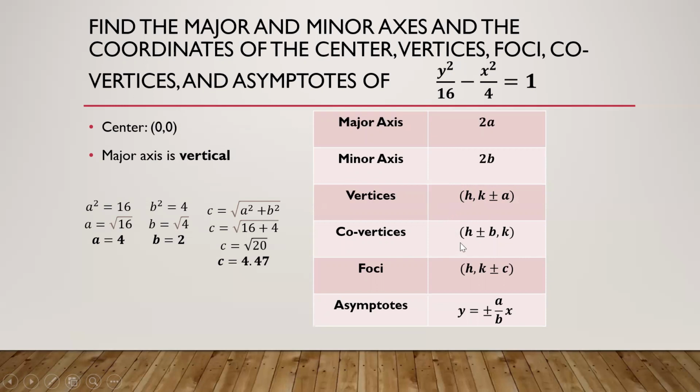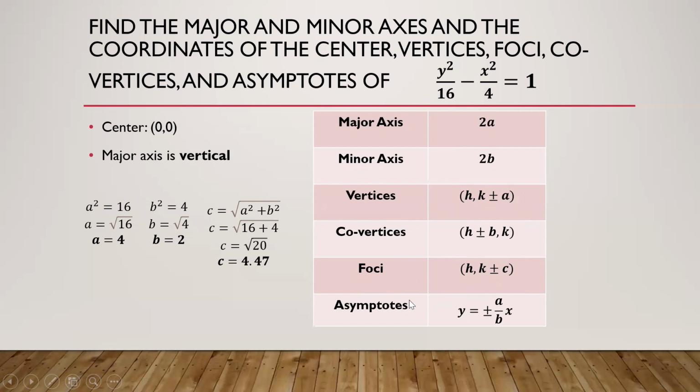For our covertices, we do the opposite. We manipulate h using b. So h plus or minus b, comma, k. For our foci, we again manipulate the k. So that's h, comma, k plus or minus c.